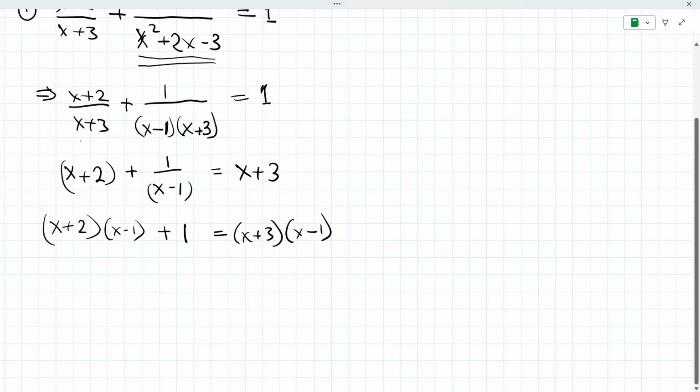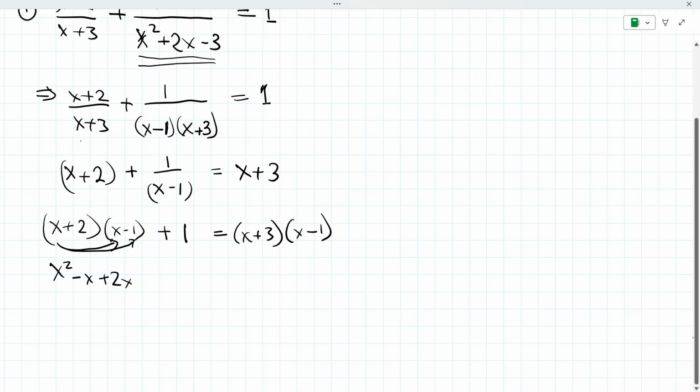Now, we will move ahead to multiply out our parentheses. So, x multiplied by x will give us x squared. x times negative 1 will give us minus x. 2 times x will give us plus 2x.